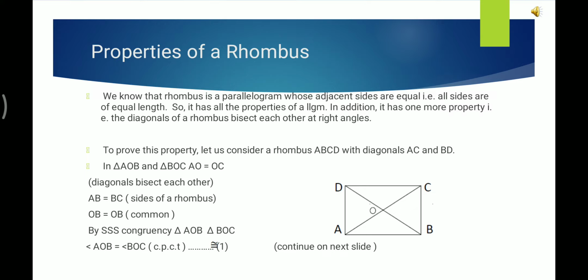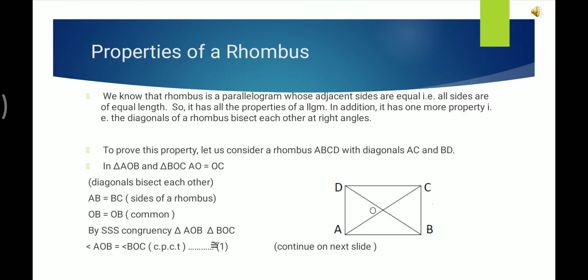Properties of a rhombus. We know that rhombus is a parallelogram whose adjacent sides are equal. That is, all sides are of equal length, so it has all the properties of a parallelogram.